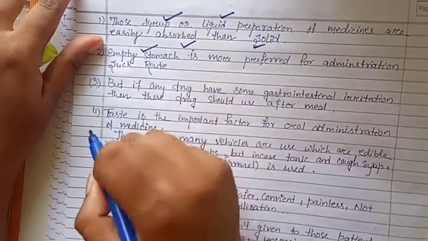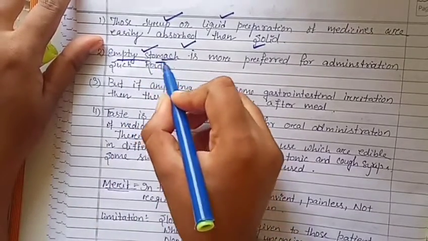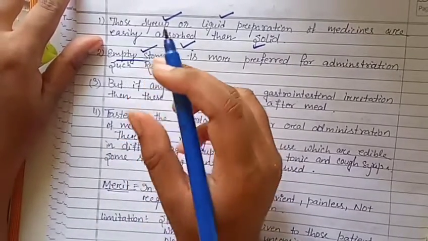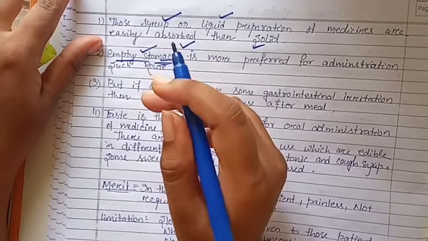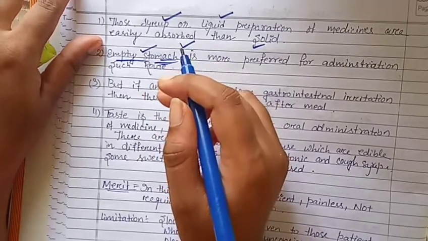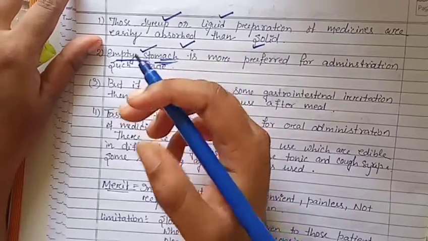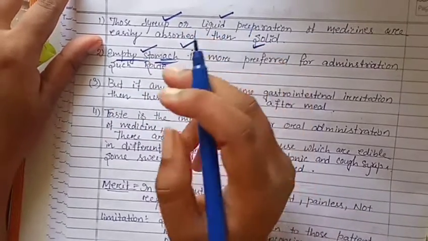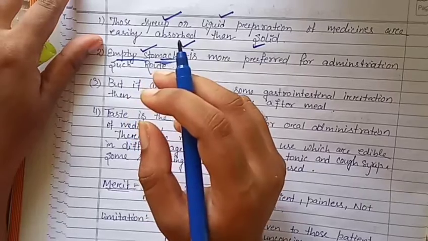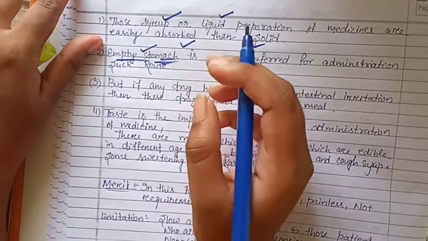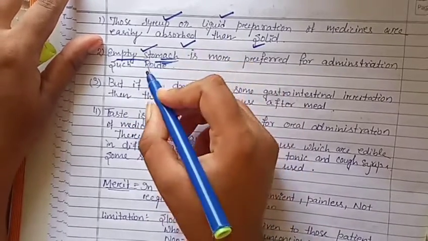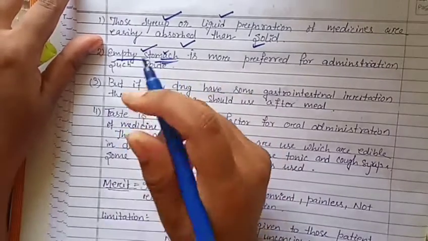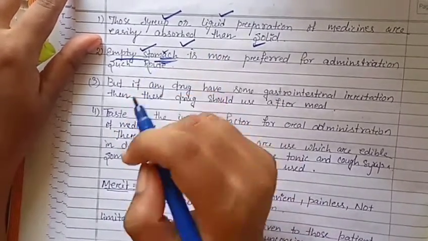Then we should take the medicine on an empty stomach. Why? Every patient who goes to a homeopathic physician is very often told to take the medicine on an empty stomach. Why are medicines taken on an empty stomach?